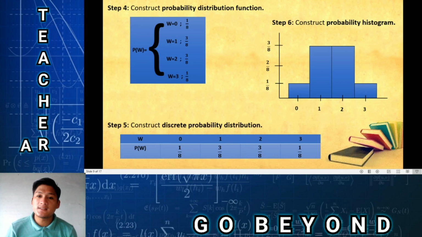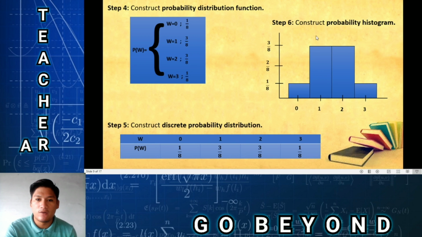And for step 6, we have to construct a probability histogram. So, our 0, what is the probability of getting no win or 0 win? We have 1 over 8. Now, what is the probability of having 1 win after playing the 3 consecutive games?